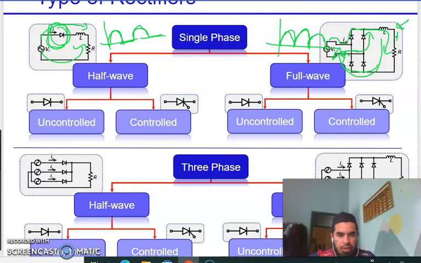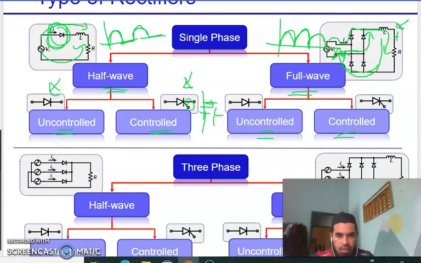For half wave and for full wave as well, we have uncontrolled and controlled schemes. If you just want an uncontrolled method, you just put a diode. If you want control, you can put a thyristor, or later a MOSFET or IGBT as well. But for the time being, we just talk about the thyristor.